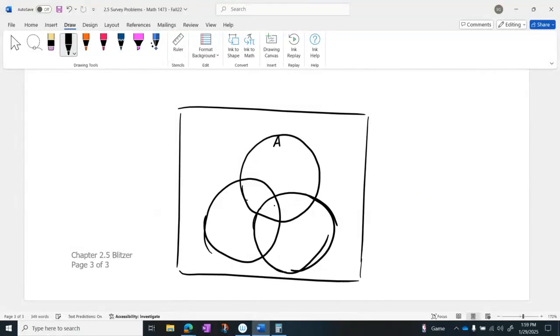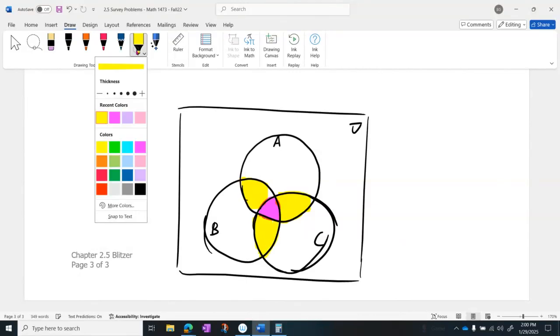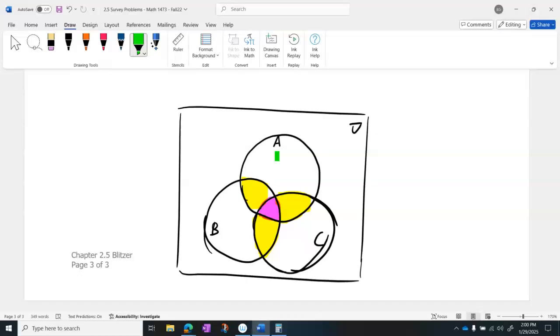All right. So this is A, B, C. I'm going to use a different color to shade the region. This is U, the universal set. Pink, yellow, green, and then one more color.